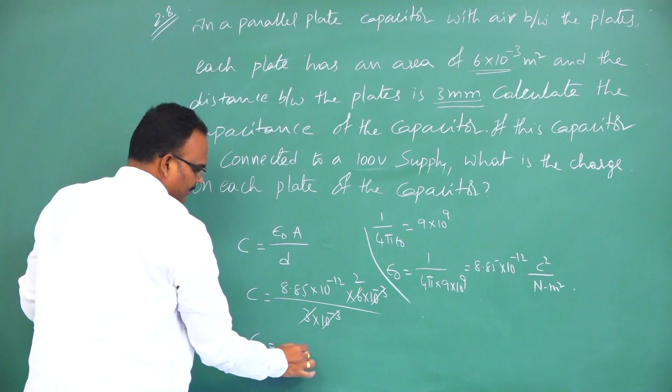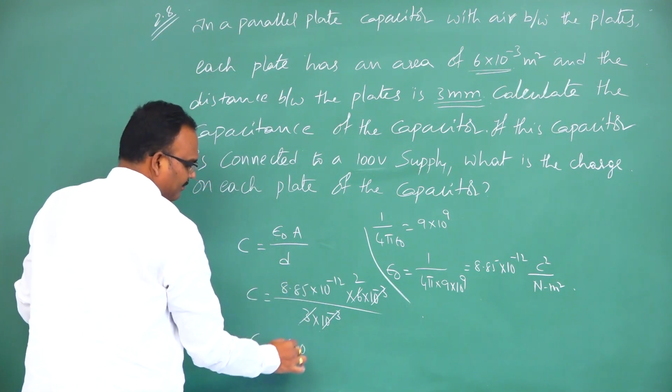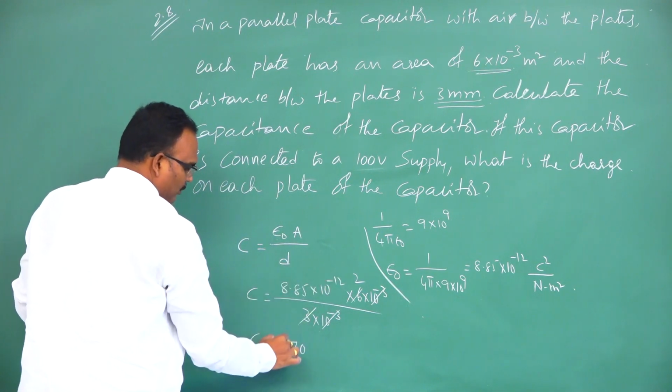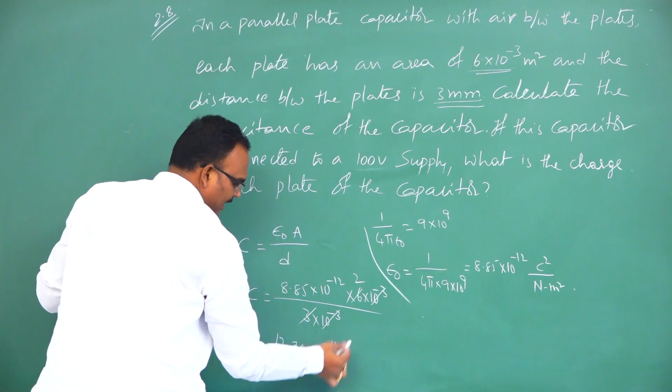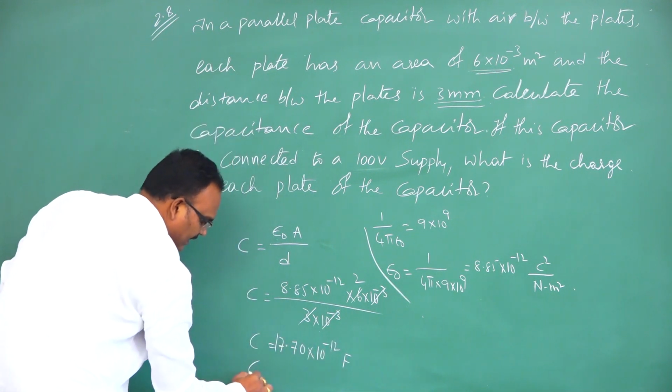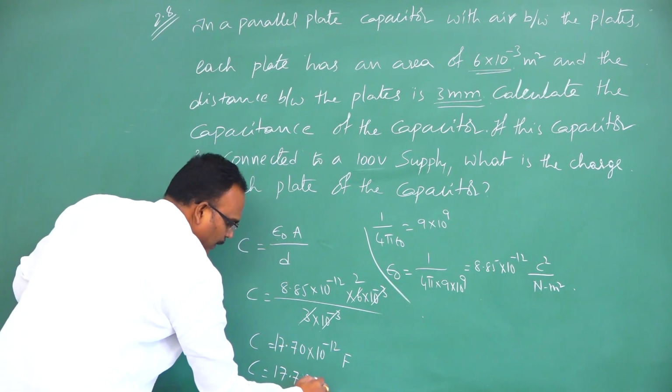So 2 fives are 10, 2 eights are 16, 17.7 into 10 to the power of minus 12 farads. This we can write as 17.7 picofarad.